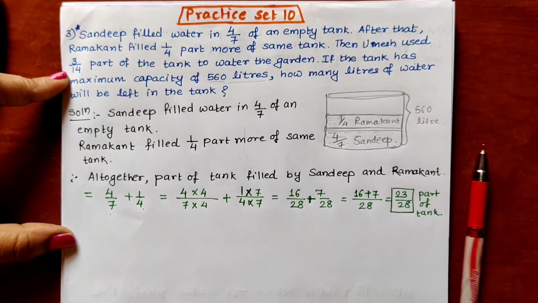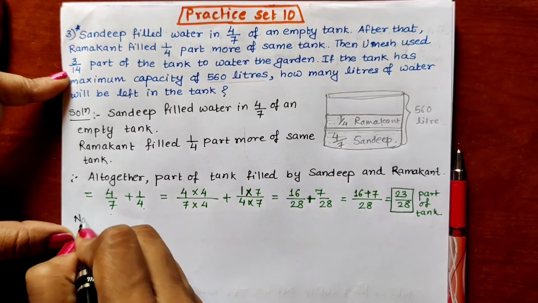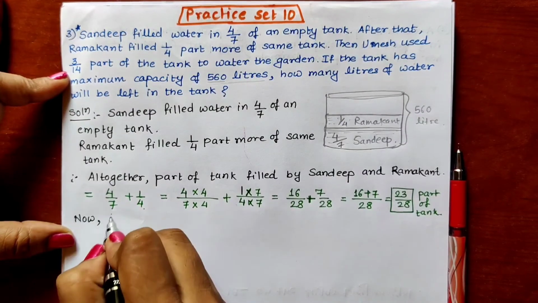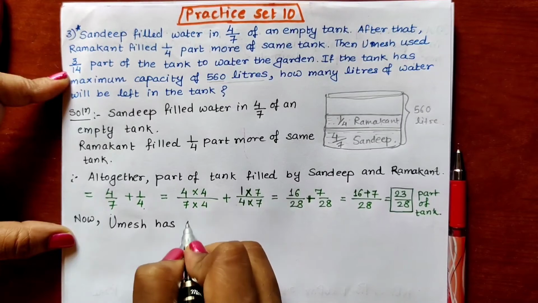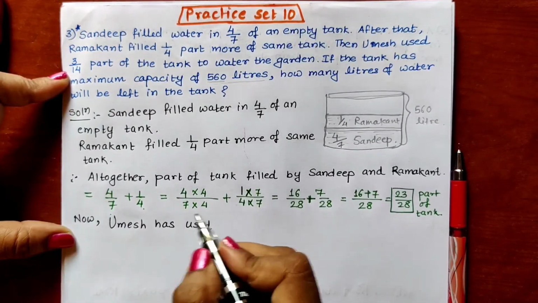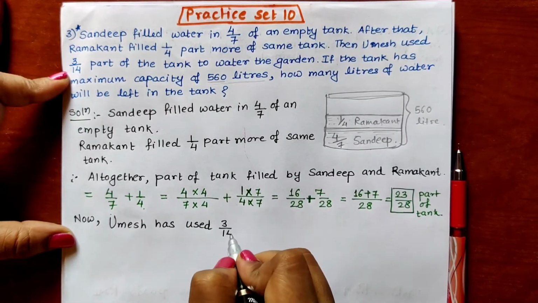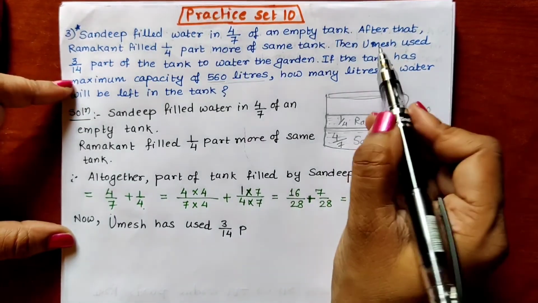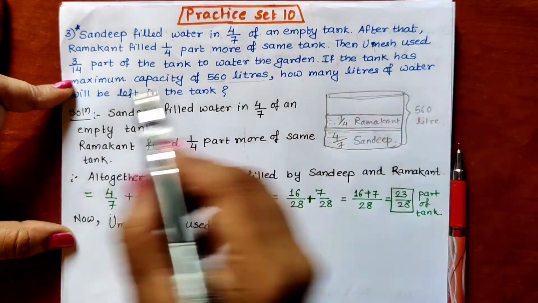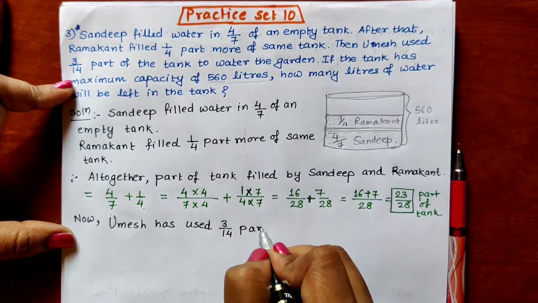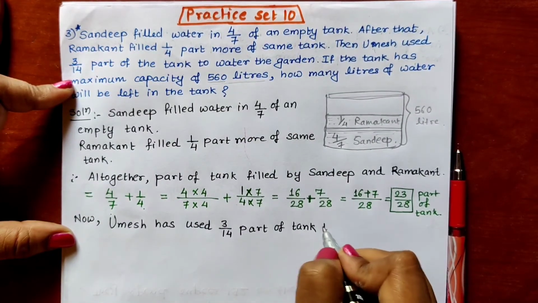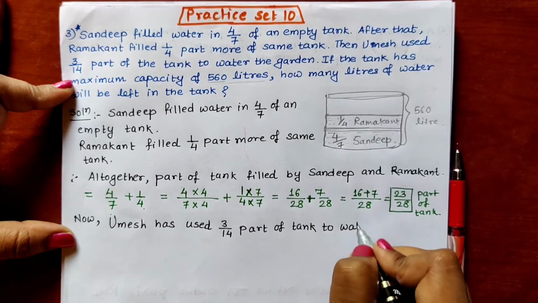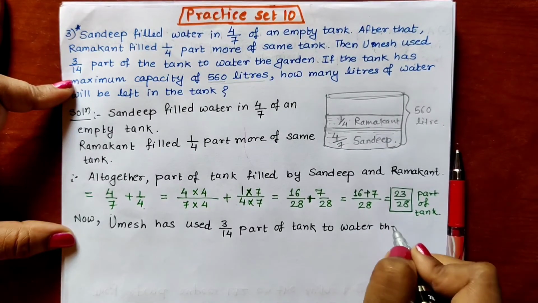Now Umesh has used 3/14 part. See, I am writing from the question only. Umesh used 3/14 part of the tank to water the garden.